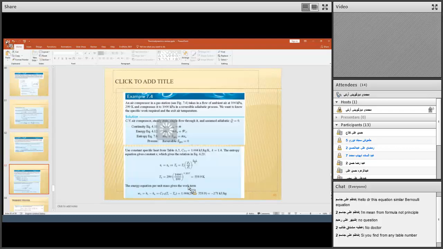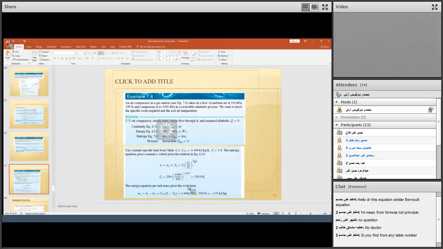The second law of thermodynamics: mass flow rate times entropy at inlet plus rate of entropy generation equals mass flow rate times entropy at exit. And also the process is reversible according to the assumption of the problem. So entropy generation is 0 for a reversible process.